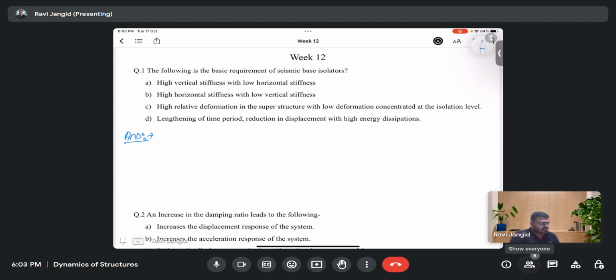High vertical stiffness with low horizontal stiffness means horizontally it needs to be flexible. Yes, that is correct.